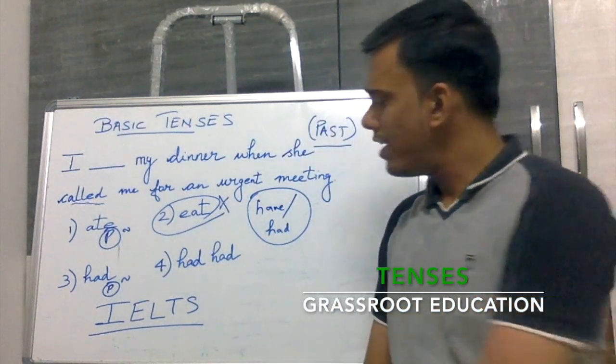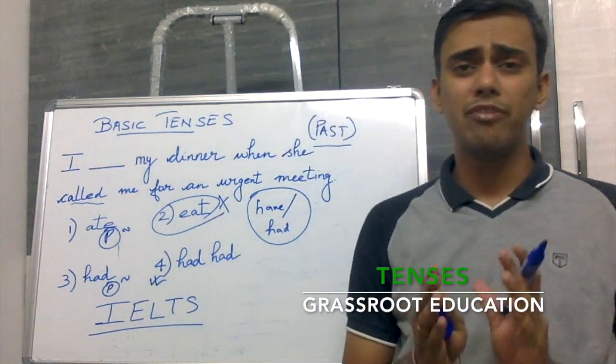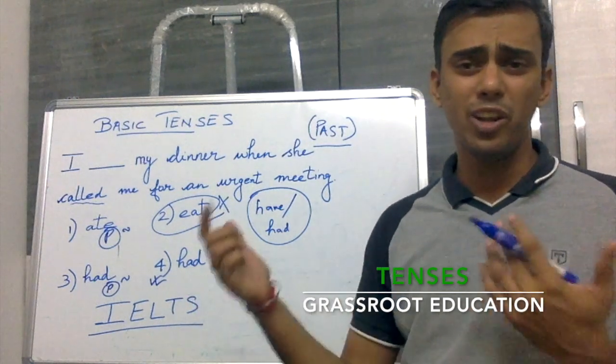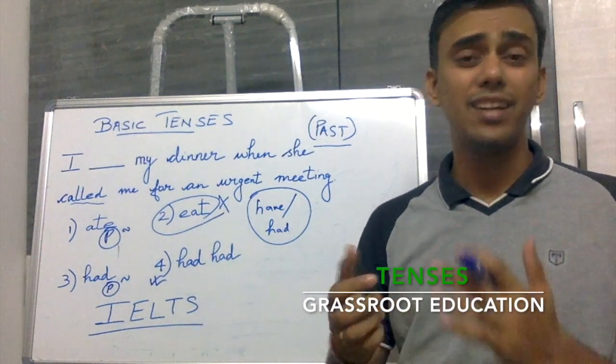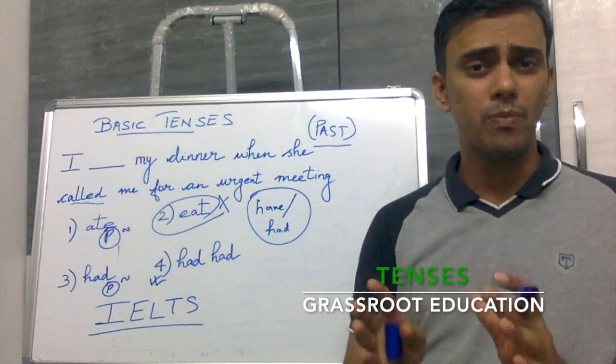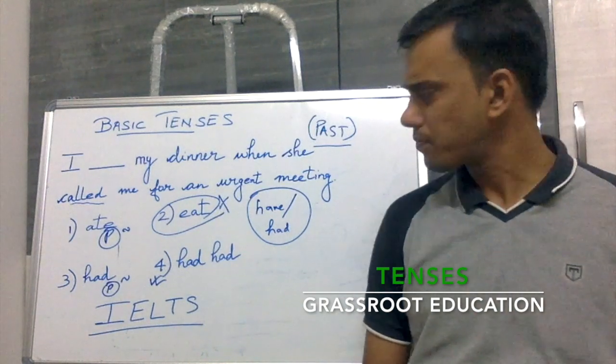Now let us come to this option. Some of you would have thought that, hey, there are two same words. How can I use that? I had. Well, that doesn't make sense. Let's eliminate that right away. Well, no. Had is a usage that is allowed.